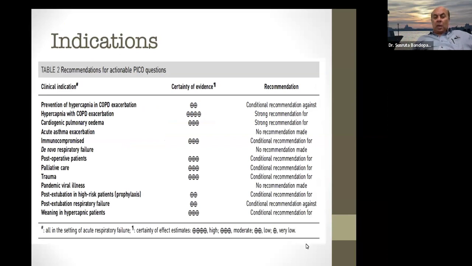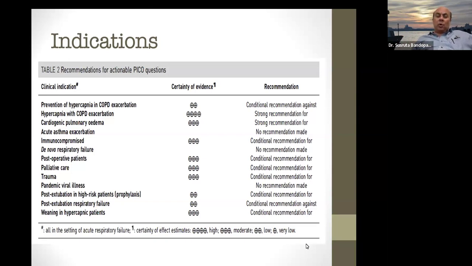Clinical indications are prevention of hypercapnia in COPD exacerbation or treatment of hypercapnia with COPD exacerbation. This is the indication which has been very well studied and proven to be effective. Next, cardiogenic pulmonary edema. That is, the patient has a left ventricular failure and there is pulmonary edema. Acute asthma exacerbation. Here it is sometimes used, but we don't have any robust data to support this use of non-invasive ventilation.